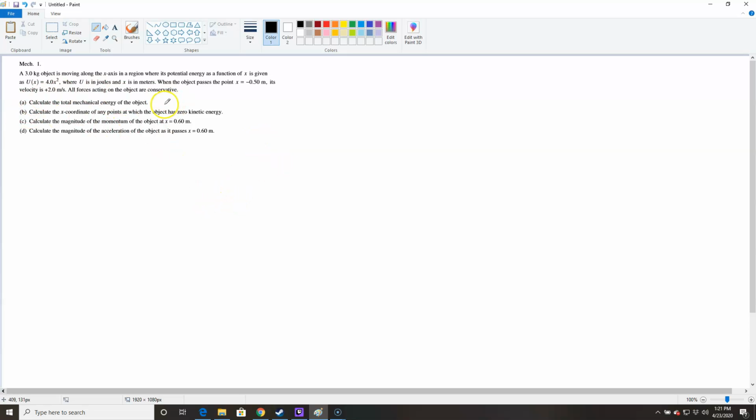Part A says calculate the total mechanical energy of the object. For A, we know that there's going to be potential energy and kinetic energy. We're going to use the negative 0.5 meters for the potential energy, and the 2 meters per second for the kinetic energy. So the potential energy is 4.0 times negative 0.50 squared plus 1/2 times 3 times 2 squared.